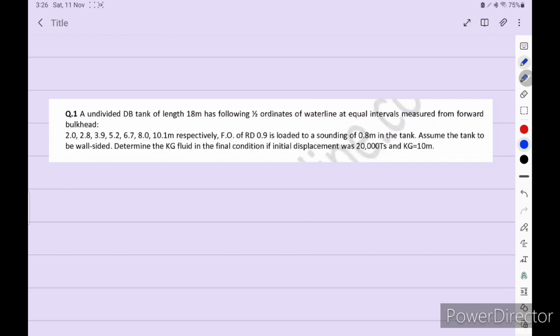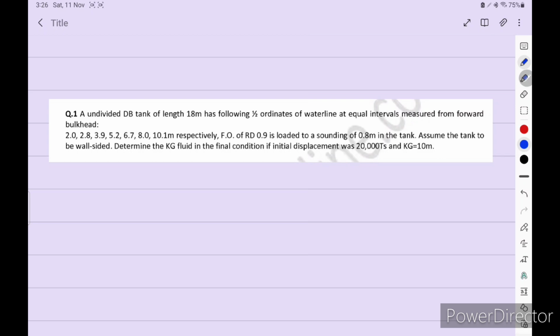Our next question is: an undivided DB tank of length 18 meter has the following half ordinates of waterline at equal intervals, measured from the forward bulkhead: 2, 2.8, 3.9, 5.2, 6.7, 8, 10.1 respectively. Fuel oil of RD 0.9 is loaded to a sounding of 0.8 meter in the tank.